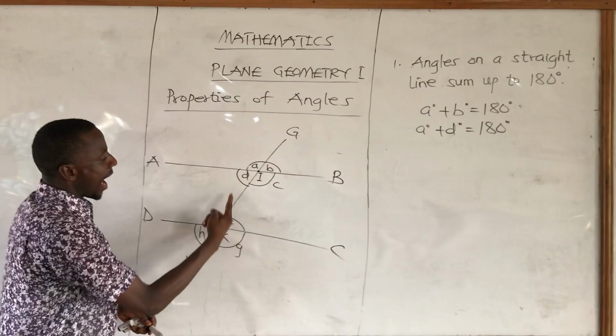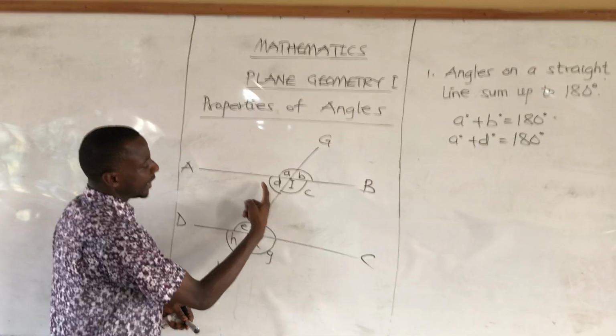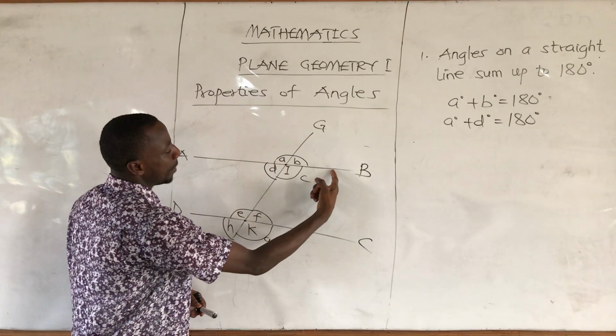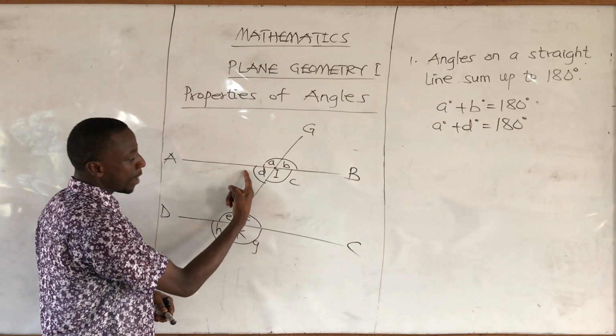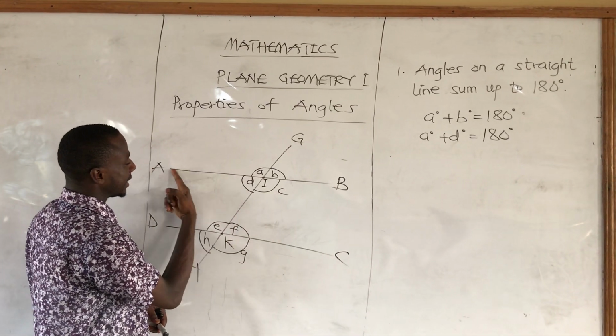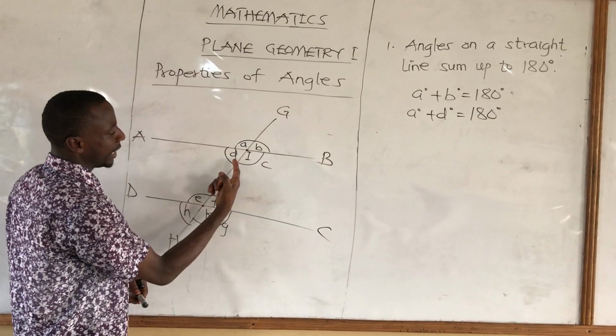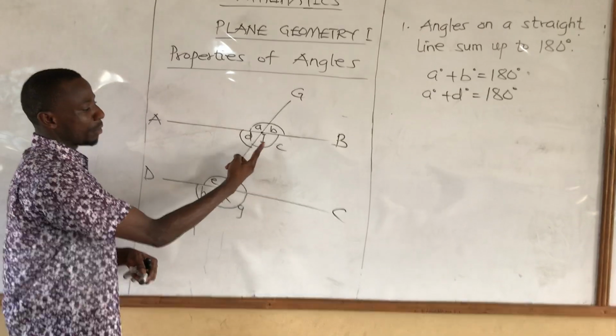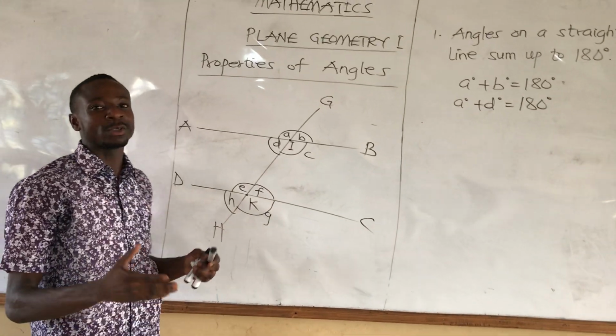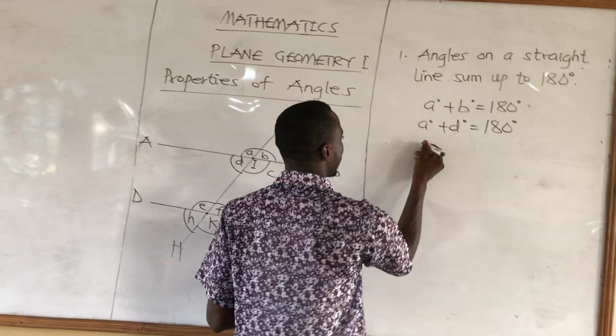Again, angle D and angle C are still lying on line AB, but this time around, they lie below the line AB. In that case, angle D plus angle C is also equal to 180 degrees.